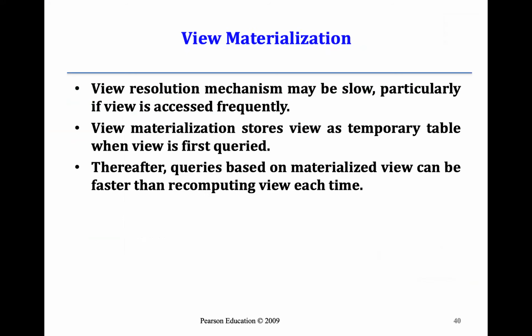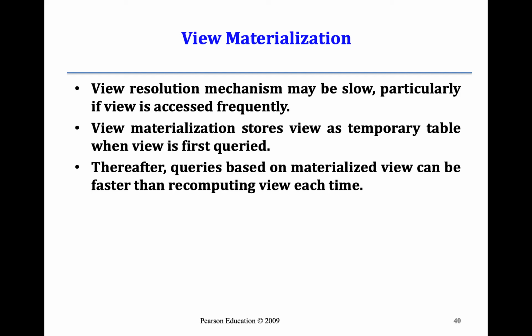So the last thing we want to talk about is how views get implemented. One way is on demand, and that's called view resolution. In that case, we translate the query on a view into a query on the underlying base relations and execute that.